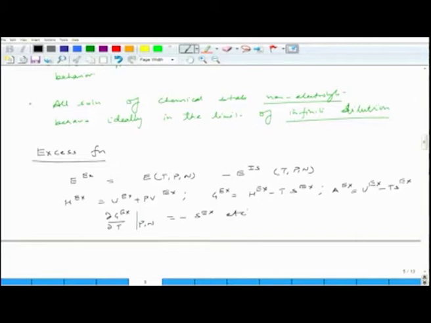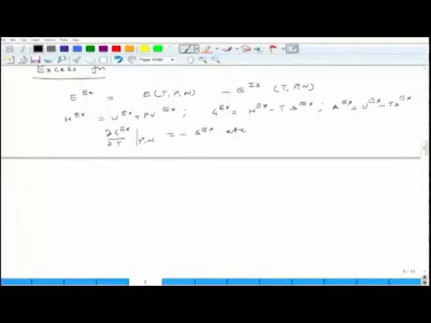Now, one of the most important things in excess functions is that G excess gives the free energy. If it is greater than 0, it shows that it is a positive deviation from ideality.